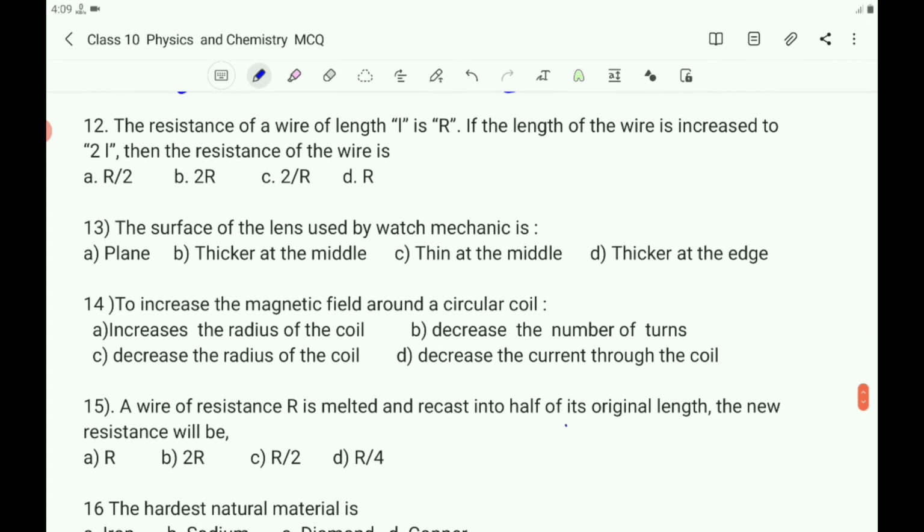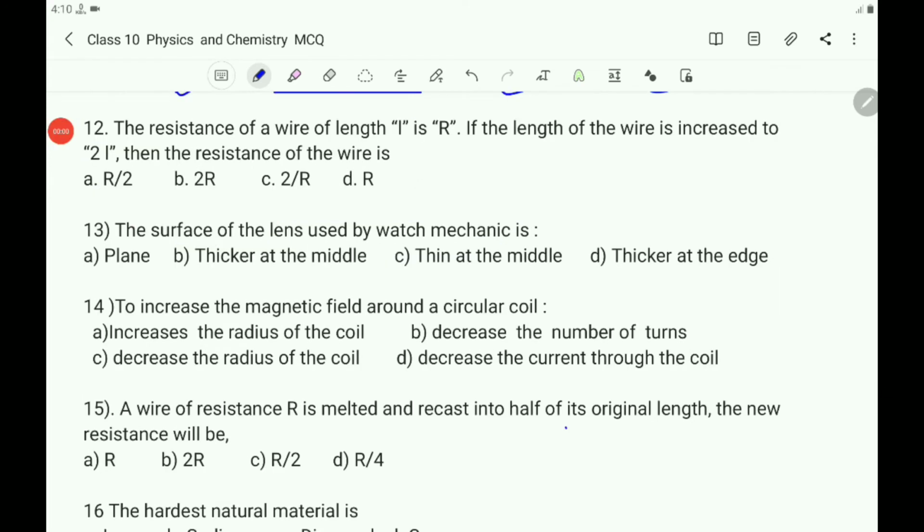Next you take the 12th question. The resistance of a wire of length L is R. If the length of the wire is increased to 2L, then the resistance of the wire is... Here the length of the wire is doubled, that becomes 2L.